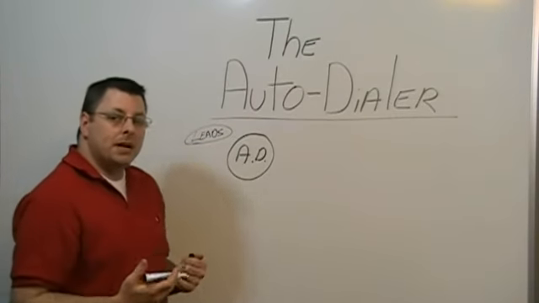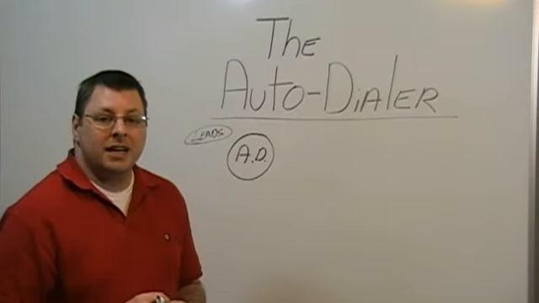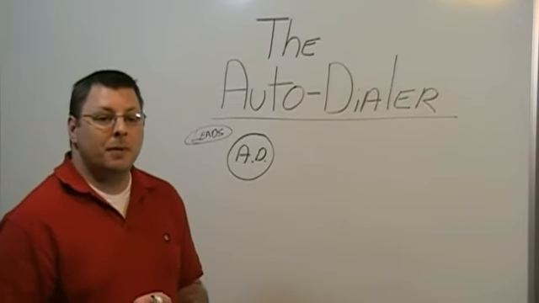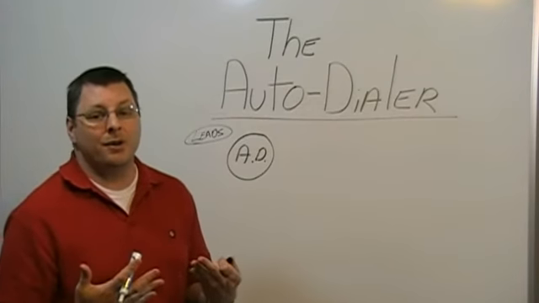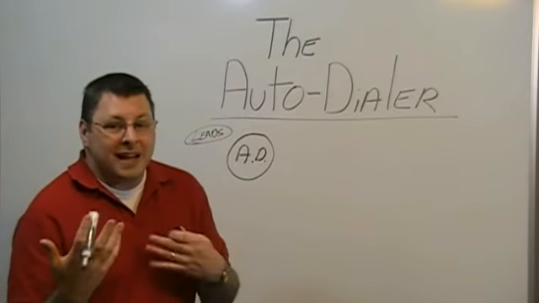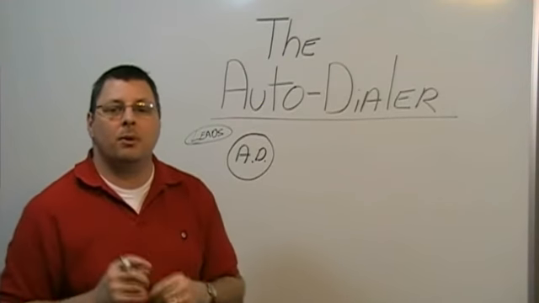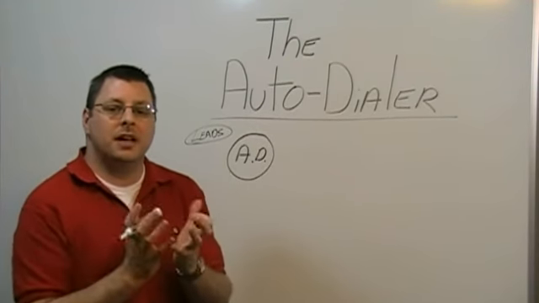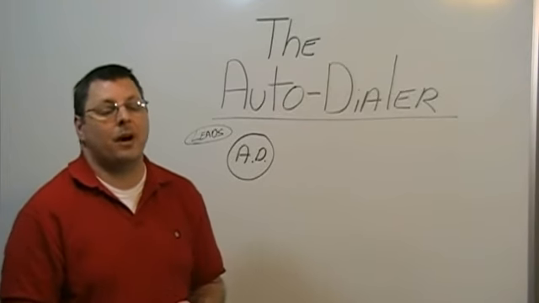Well, could you pick up the phone and make 2,000 phone calls in a day and find just the interested people? No, you could not do that on your own. So we use the auto dialer, for lack of better words, as a machine gun to go out and dial lots of people really fast so we can get just a handful of truly interested people to call back.